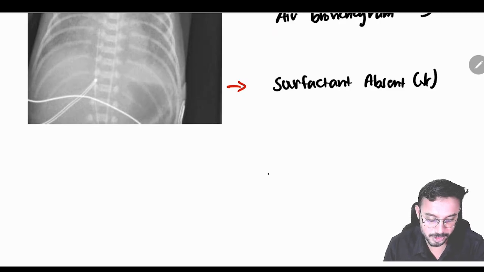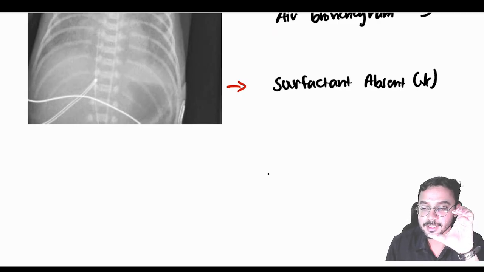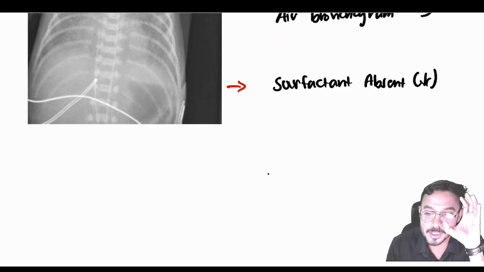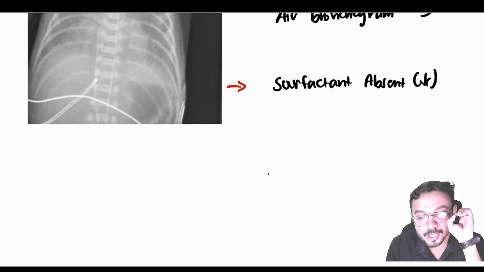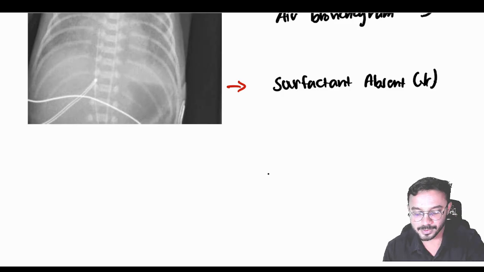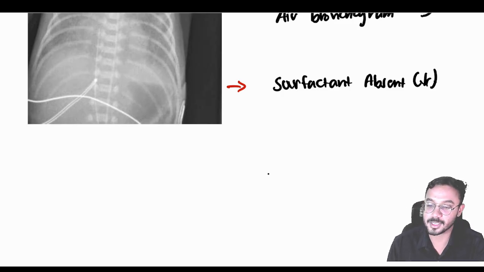What is the main function of this surfactant? Tell me. Surfactant helps in keeping the alveoli open. If surfactant is not produced, the alveoli will collapse during expiration. So this is the main function of the surfactant. If the surfactant is absent, your alveoli will collapse. Okay, so this is about surfactant.